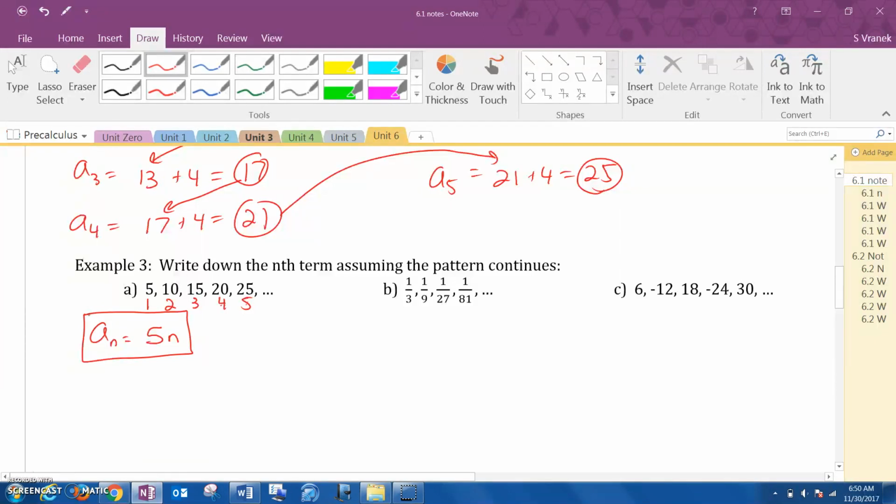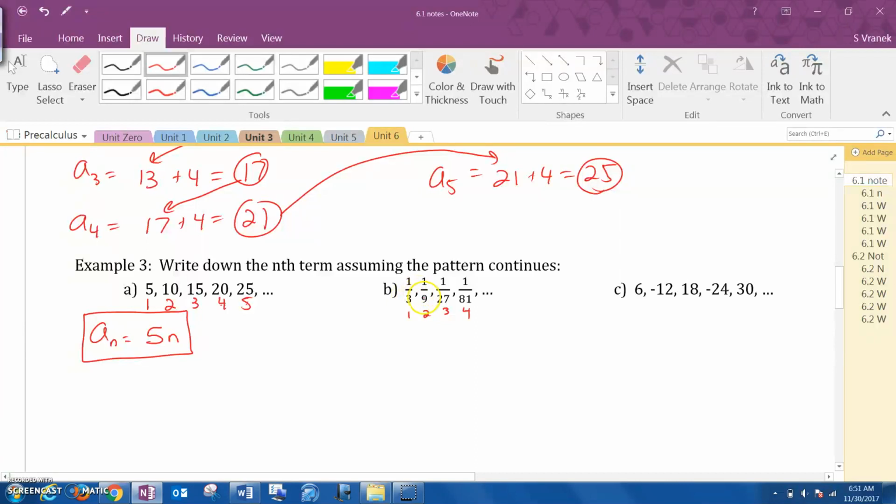Okay? Now that's when it goes up by the same amount. When it gets multiplied by the same thing every time, that's when you have to assume that n is a power. So think about this again. 1/3 to the first power is 1/3. If you notice that 1/9 is just multiplying 1/3 times 1/3. That's 1/3 squared. 1/27 is 1/3 times 1/3 times 1/3.